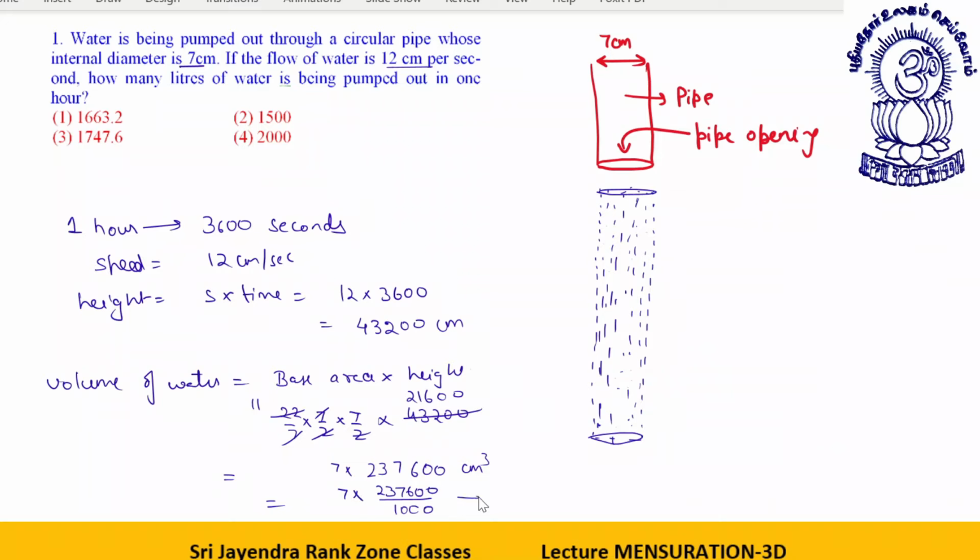So this is 7 into 237.6. 7 into 0.6 will directly give you 1663.2 liters. Okay, this much is in liters. Clear to all? Next time I won't be drawing the diagram, I'll be directly solving the questions by writing the formula. Okay.